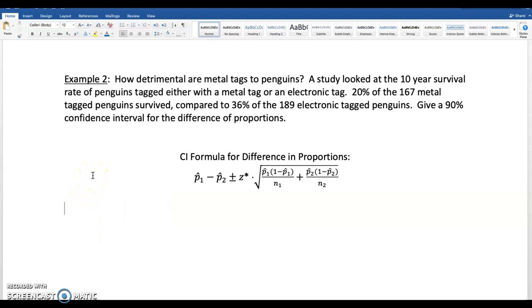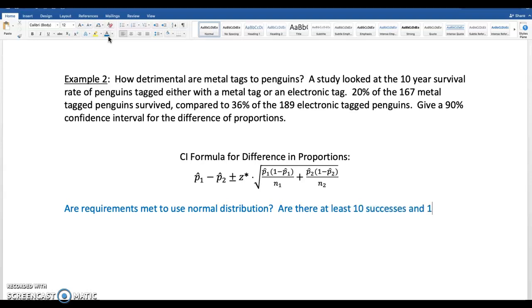The first thing I want to note is, are our requirements met to use the normal distribution? We need to check, are there at least 10 successes and 10 failures in each group? Well, 20% of 167: 0.2 times 167 is 33.4 successes.